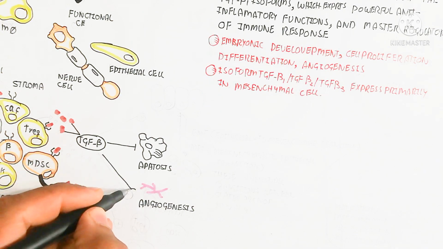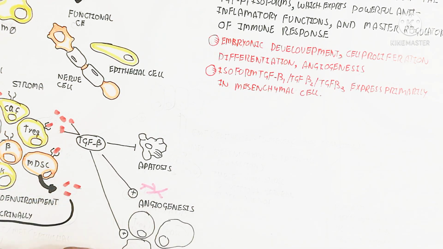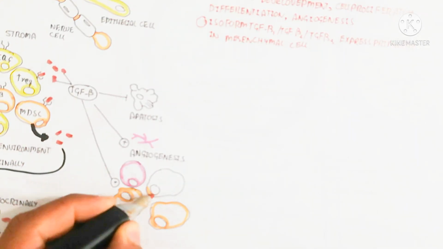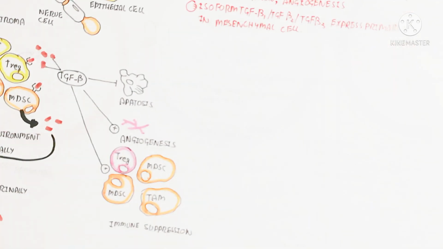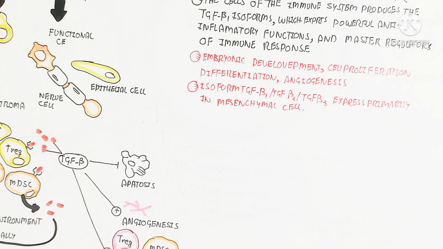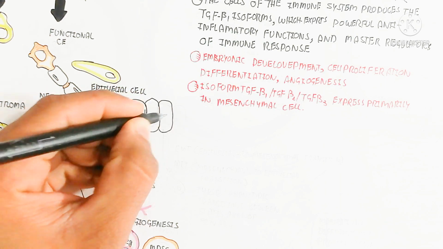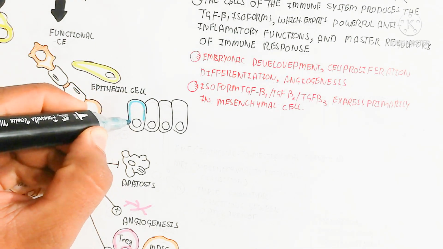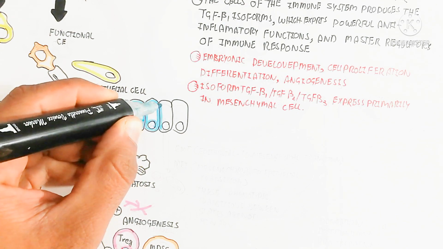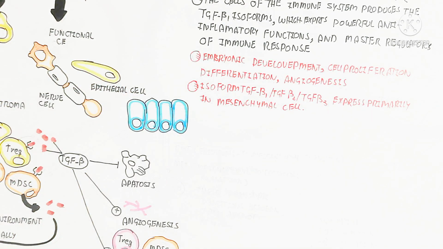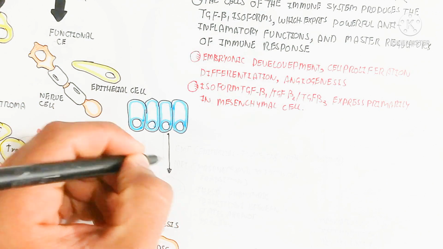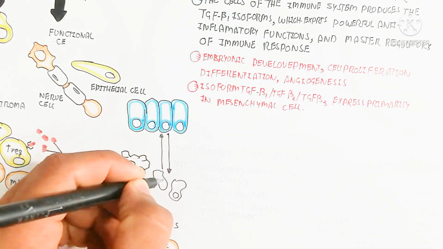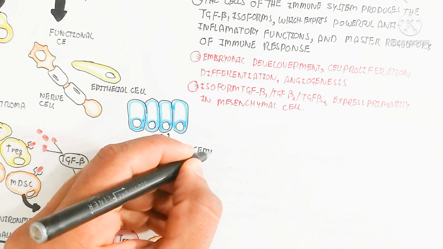So angiogenesis formation occurs, and here is the proliferation of the immune cell. On the other hand, an important thing is that the epithelial cell proliferates and converts into a mesenchymal cell, basically the epithelial to mesenchymal transition. Transition means it can be reversed, and the mesenchymal to epithelial transition is also possible.